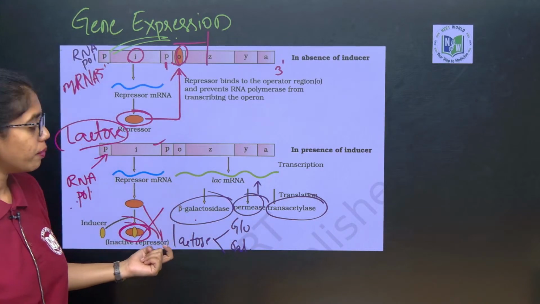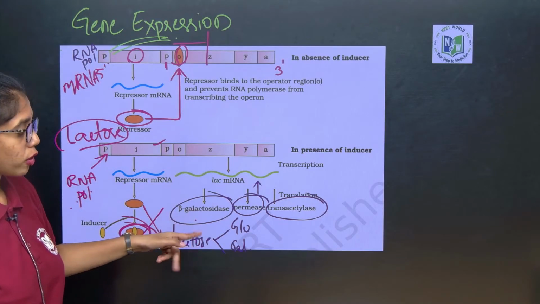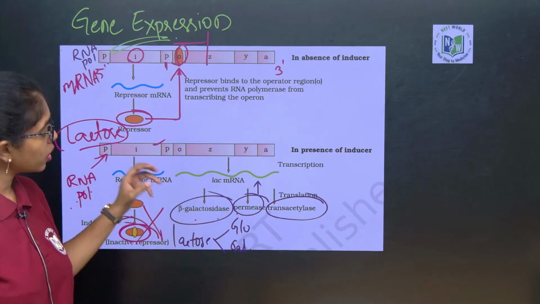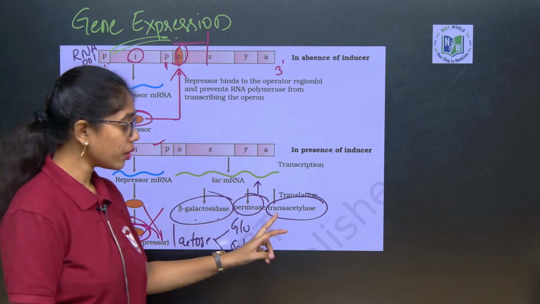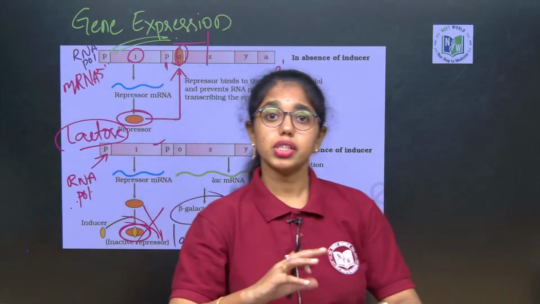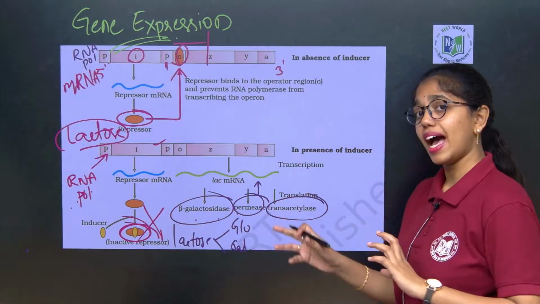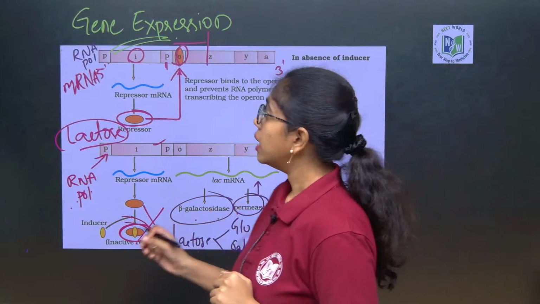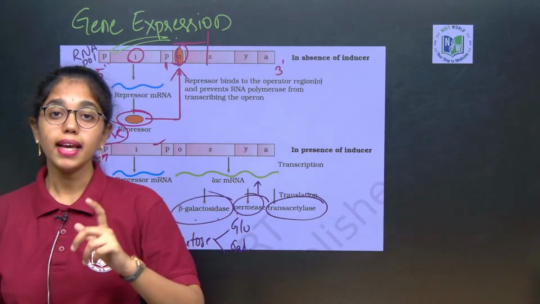What is the function of beta galactosidase? Cleaving the lactose into glucose and galactose. Permease will increase the permeability of lactose into the cell. Transacetylase will give the acetyl group, increasing the solubility of the sugar in the cell. This is all about the gene expression.